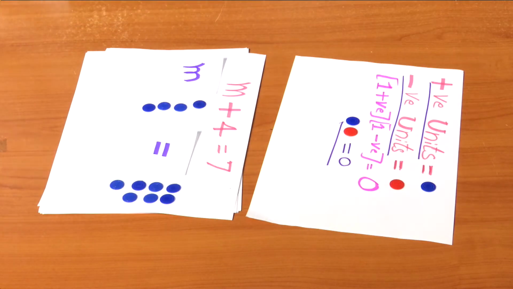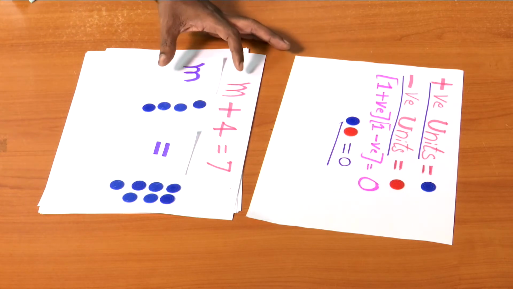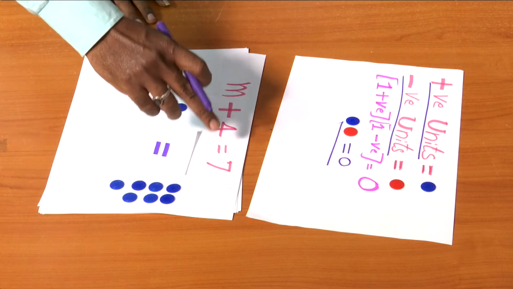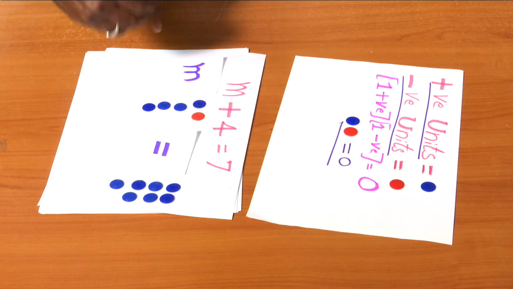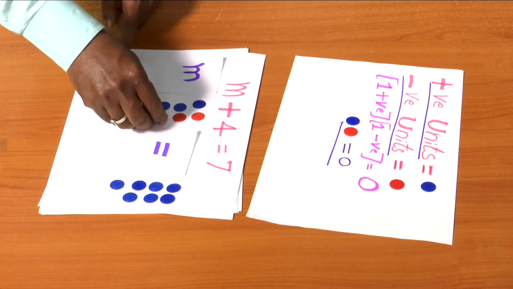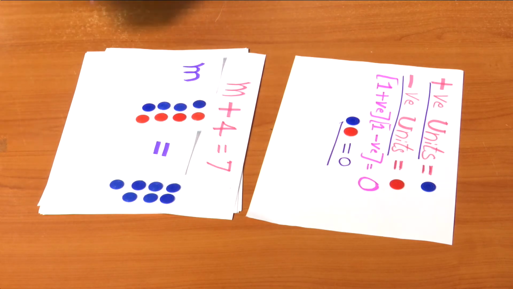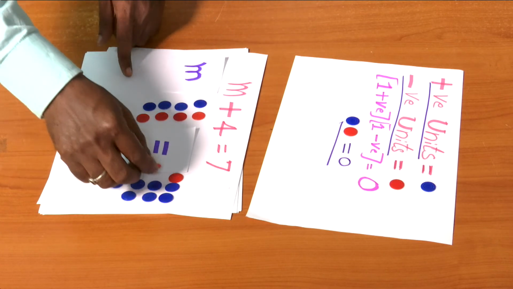Example, m plus 4 is equal to 7. Here m plus 4 is equal to 7. To separate m, we subtract 4 from the given equation. To subtract 4, we take negative 4 on the left side and 4 on the right side.